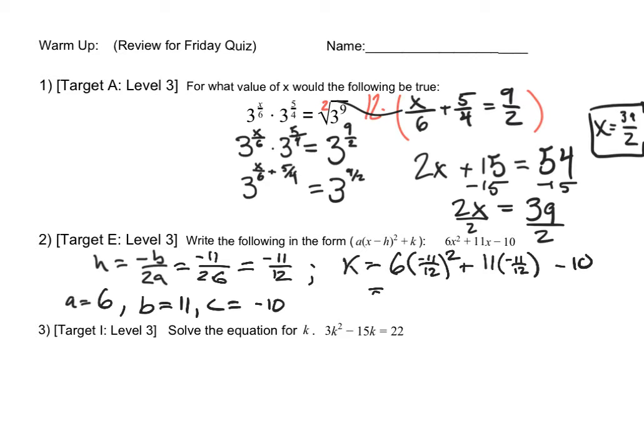If we want to figure it out, I mean, I guess we can, but it's going to be messy. So we'll leave that as a dot, dot, dot for your calculator, and then you would just write it as a, which is 6, times x minus negative 11 over 12 squared plus whatever that k thing was.